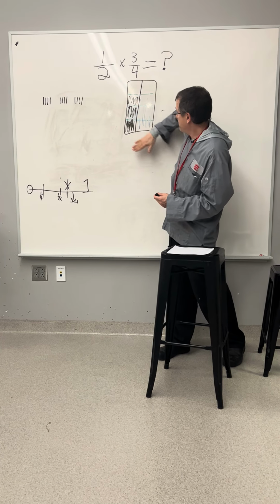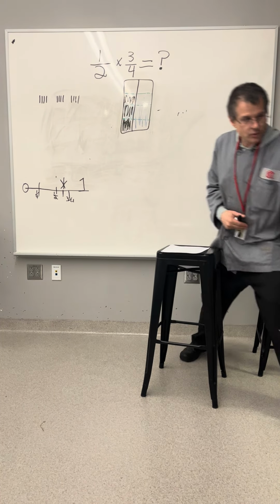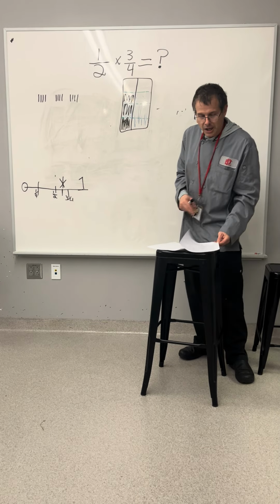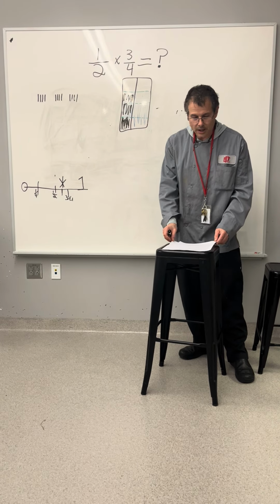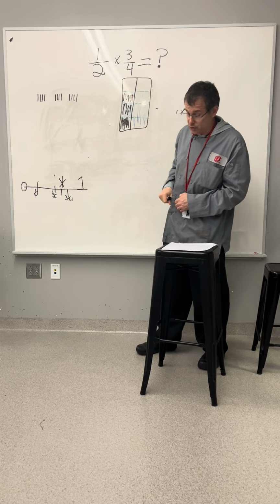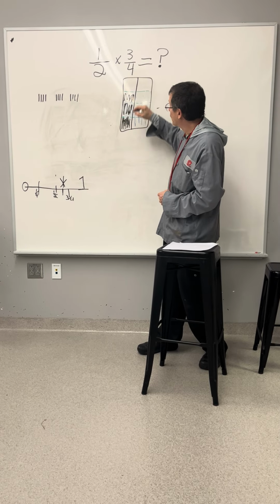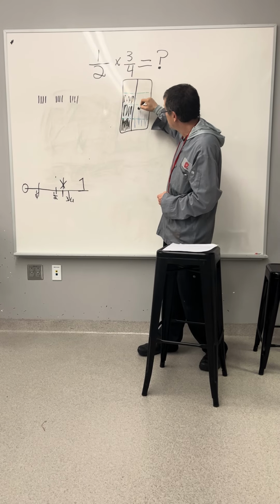So we have 2 equal rows. And the bottom half, okay, 2 rows times 4, 8 total pieces. Your sister is getting 1, 2, 3 out of 1, 2, 3, 4, 5, 6, 7, 8.